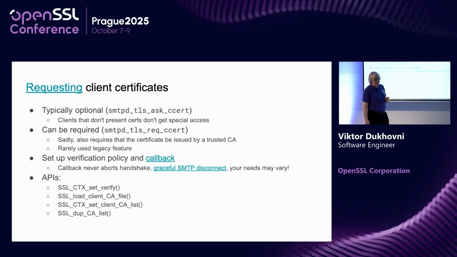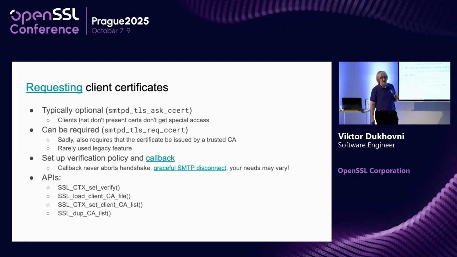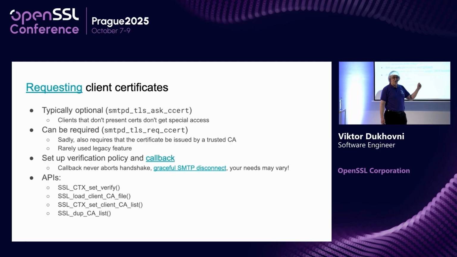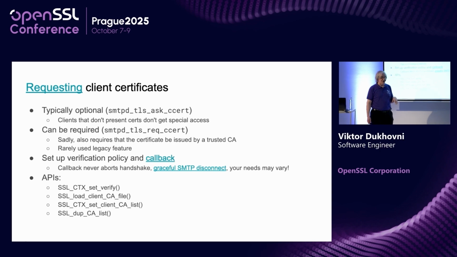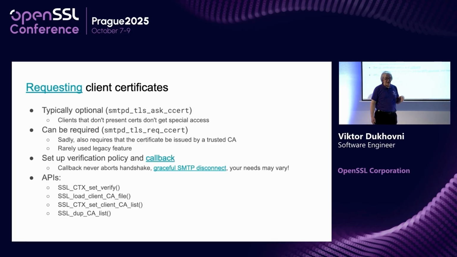Postfix, unlike many other TLS users, does not terminate the TLS handshake when the authentication requirements aren't met. It always allows the handshake to proceed. The verification callback always says, life is good, keep going. And then if at the end of the handshake completion, we find that, yes, the handshake completed, we have an encrypted channel, but we're not happy with the peer's credentials, we do a graceful disconnect at the SMTP layer.